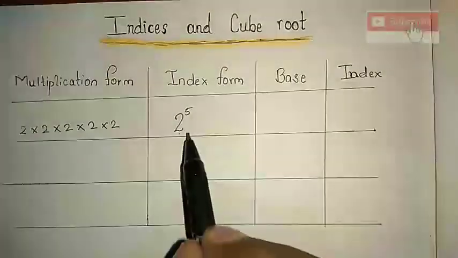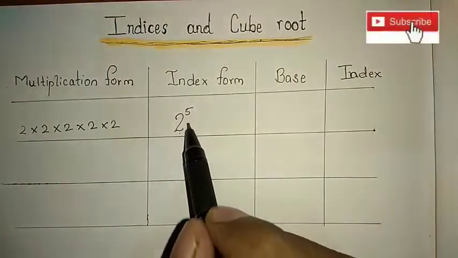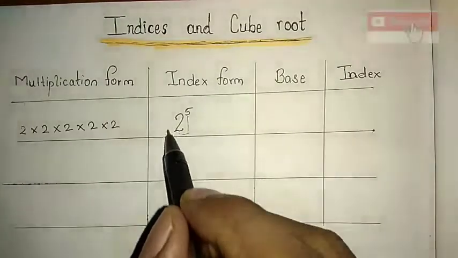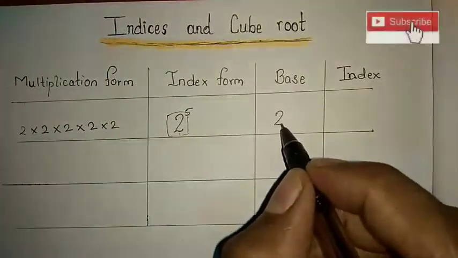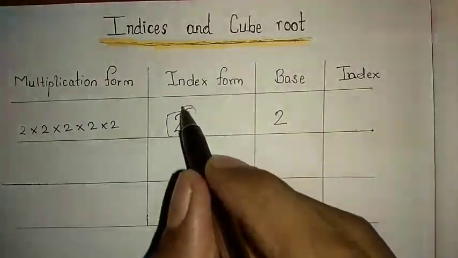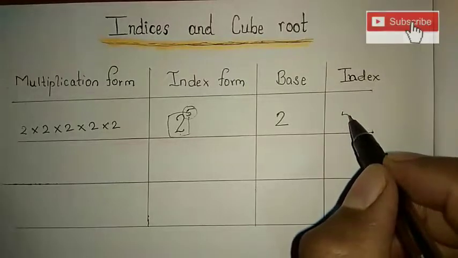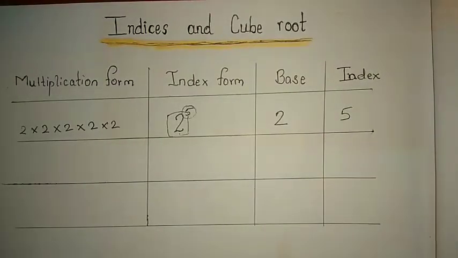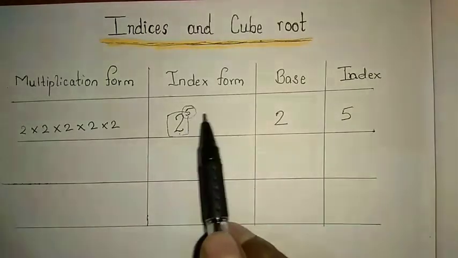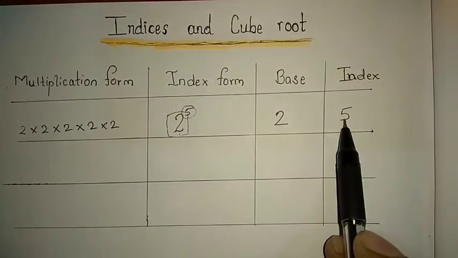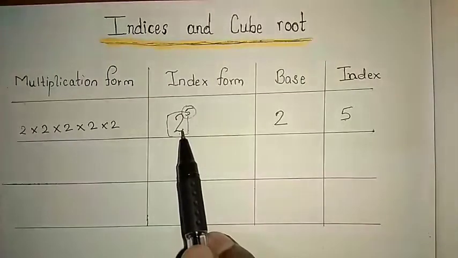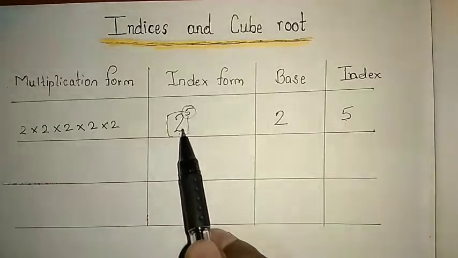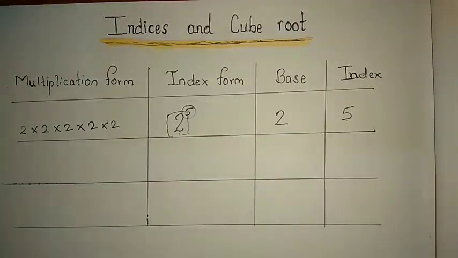The bigger number which I have written in big size, that is 2, is called base and 5 is the index. It is also called exponent, it is also called power. 2 power 5, exponent of 2 is 5, index of 2 is 5, like this also.